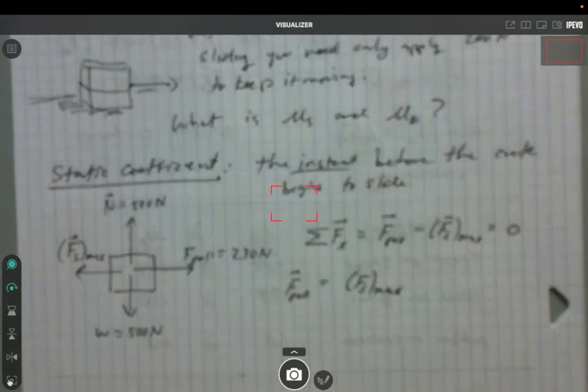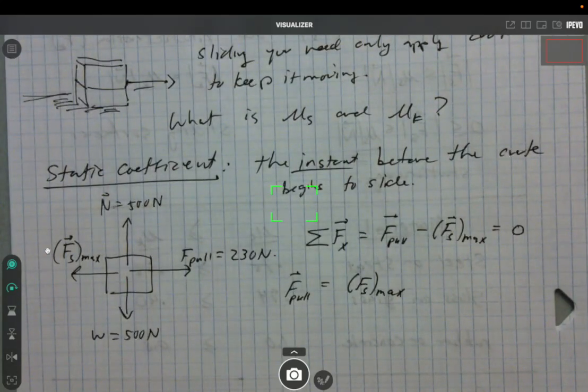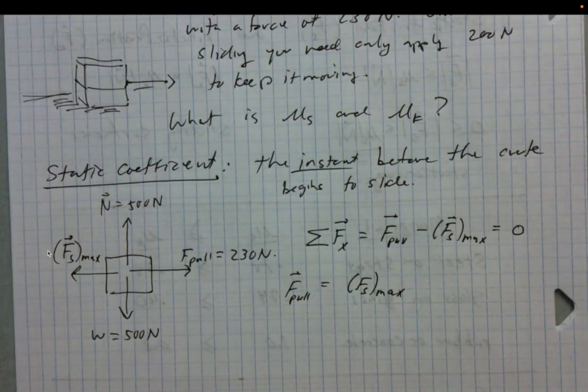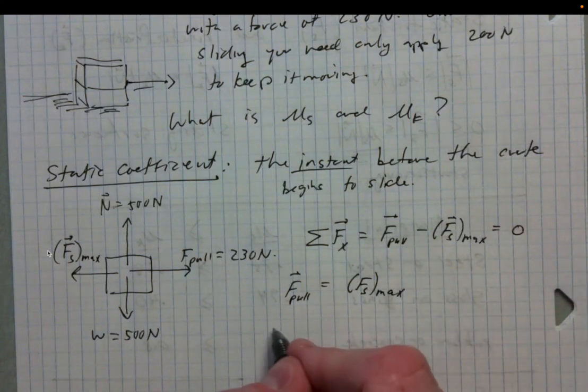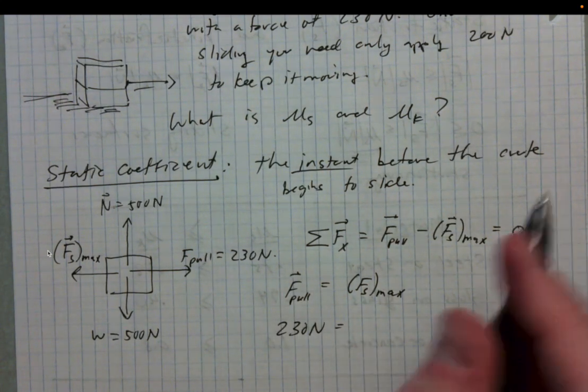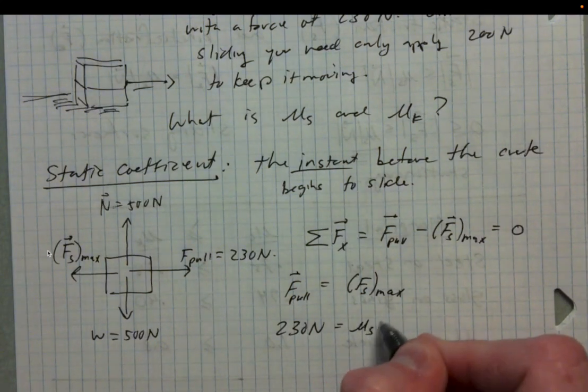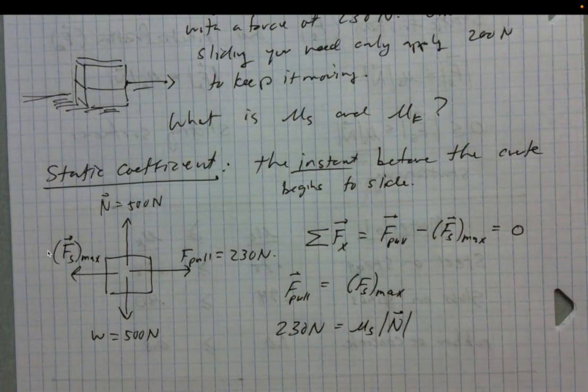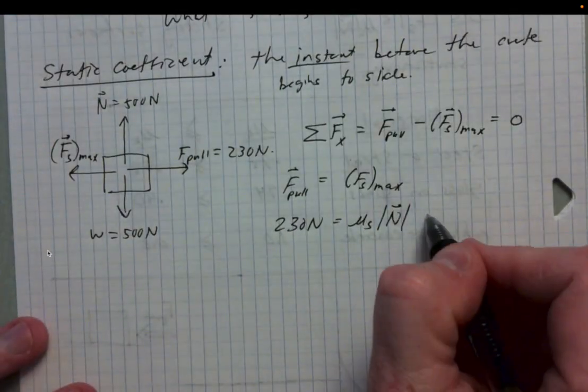Let's break that down into its pieces. This is really telling me that 230 newtons, the force of the pull, is equal to mu sub s times the magnitude of the normal force. We know the magnitude of the normal force is 500 newtons, right?